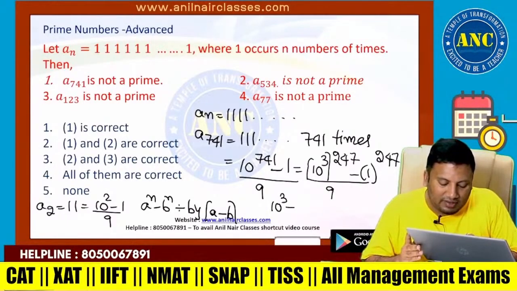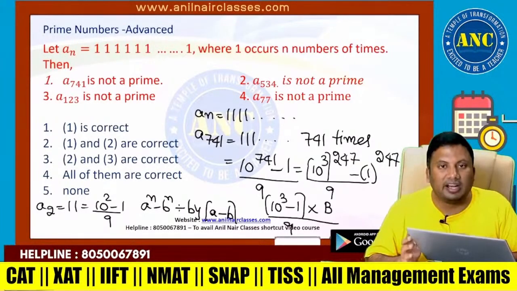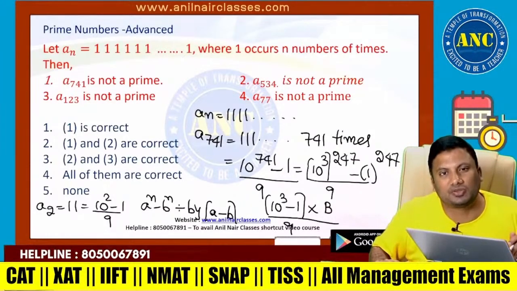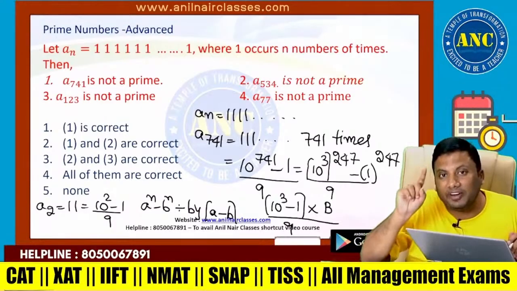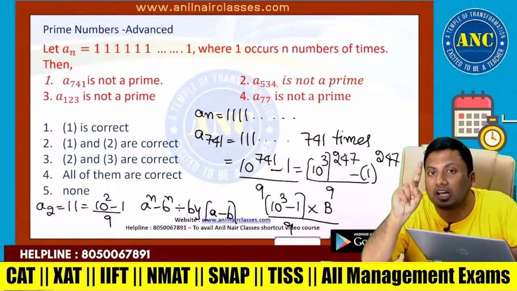This is always divisible by 10 cube minus 1 into some number, let me call it b, divided by 9. 10 cube minus 1 is 999, divided by 9 is 111. If it is a prime number, one factor should be 1.